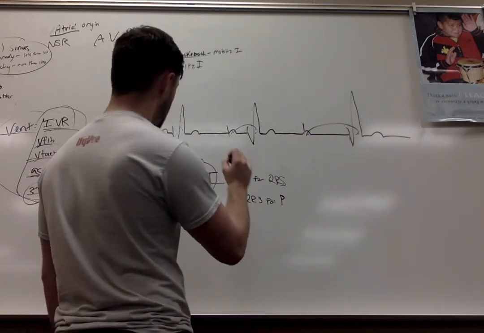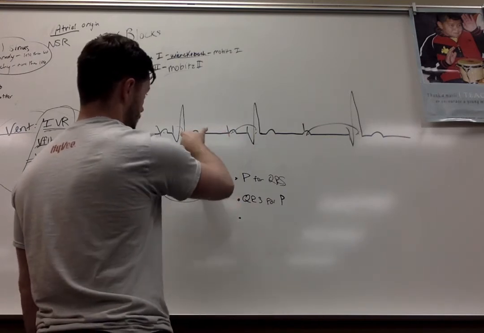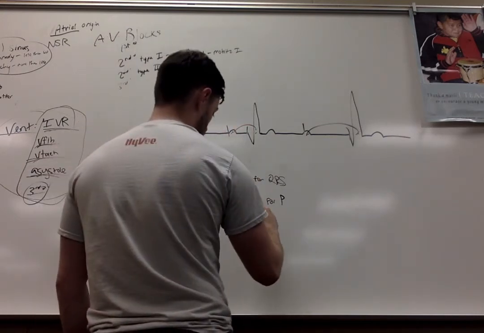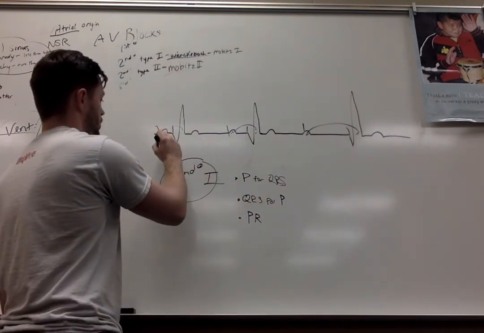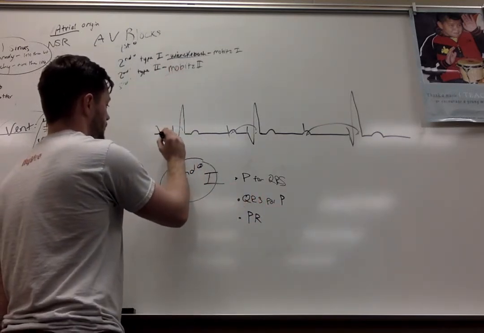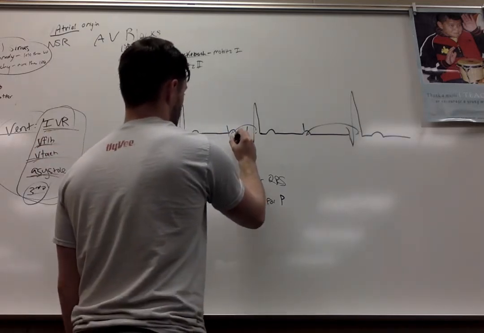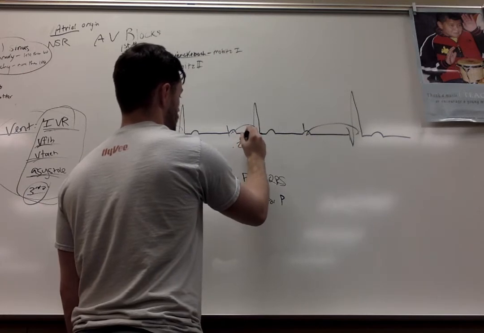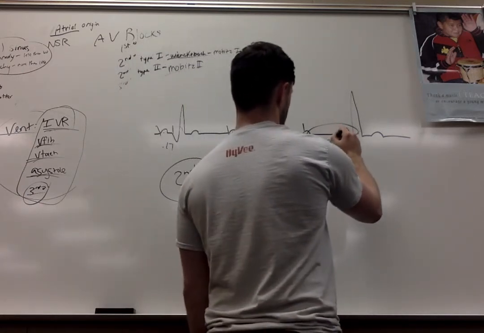And then the other thing I like to look at is your PR interval elongating every time. So this one looks normal. Let's say it's 0.17. This one is probably 0.22, a little bit longer than normal, but this one is 0.28.